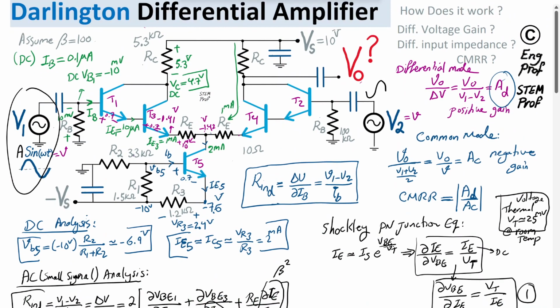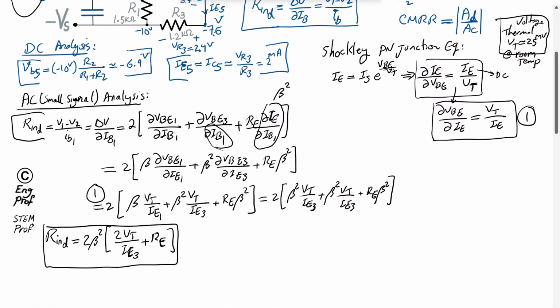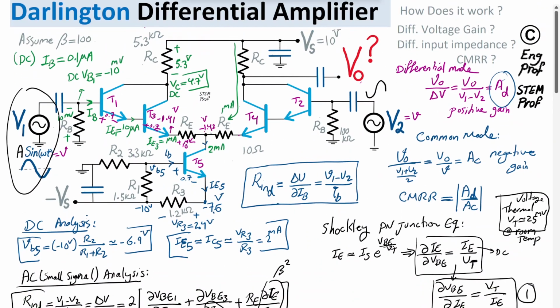So here it's as if we have an effective resistor observed for the base-emitter of T1, an effective resistor observed for the base-emitter of T3, and the value of these resistors would each be Vt over IE3 if we reflect them from emitter 1 to emitter 3 to put them in series with the resistor of transistor T3.